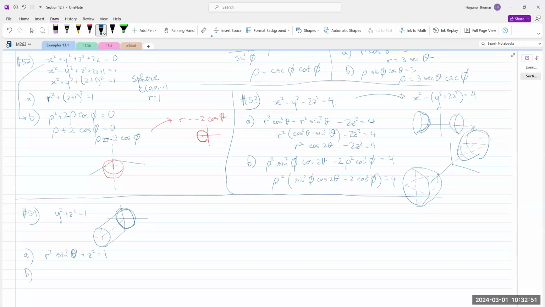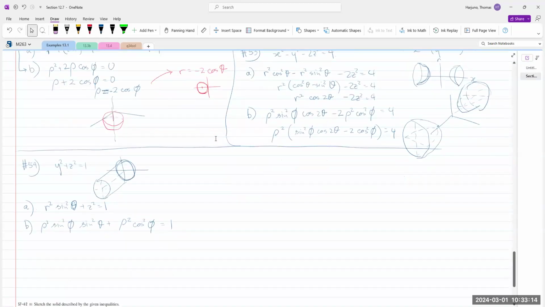For the spherical, it will be rho squared sine squared phi sine squared theta plus rho squared cosine squared phi equals 1. The most we can do is to factor the rho squared out, and I think that's basically it.